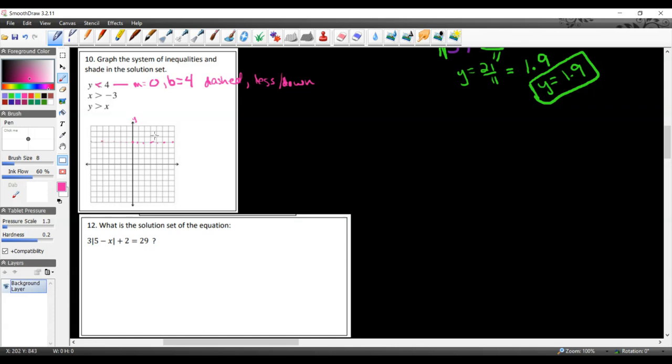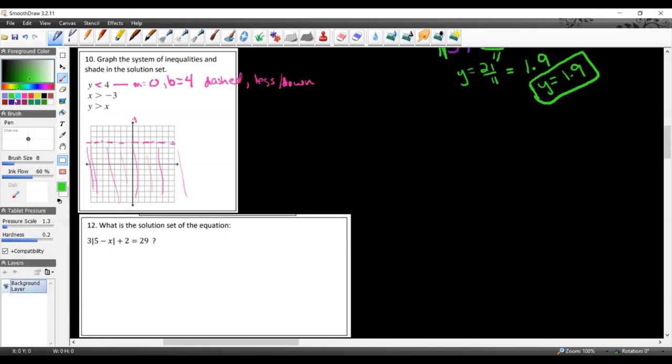Okay, and this one is dashed, so that means that it kind of looks like this. It's not connected, but it's still a dashed line. Okay, and we're going to shade below, so it's going to be everything that's going down this way. And I'm going to do it lightly because remember that we have some more graphs to do.